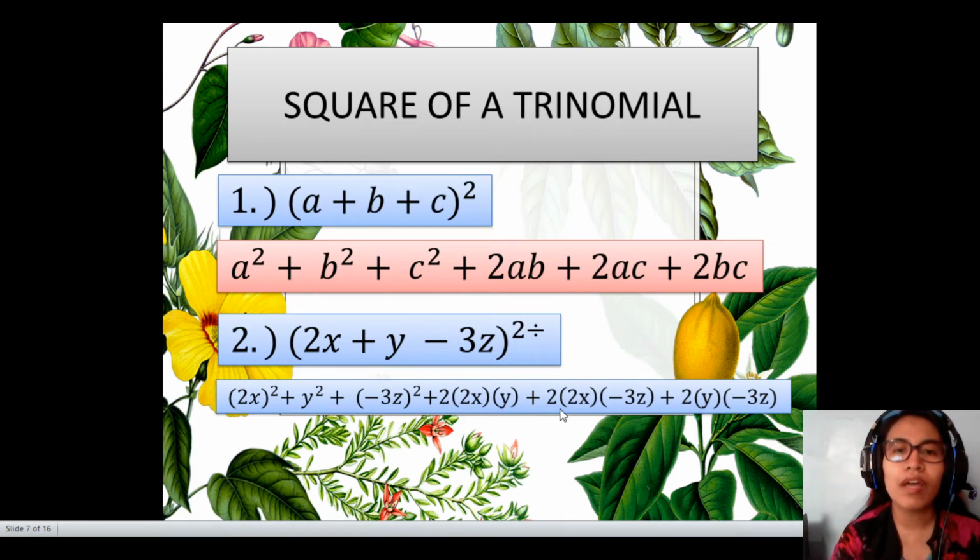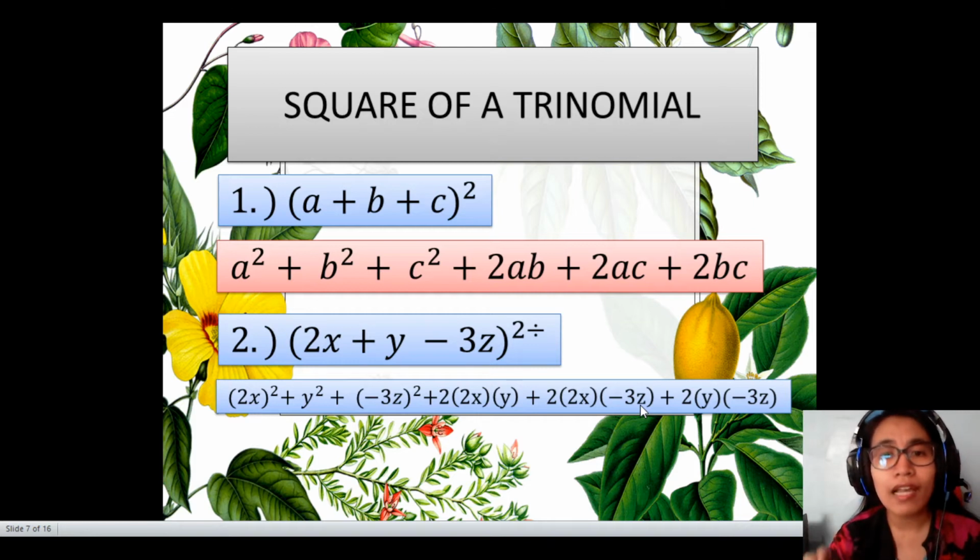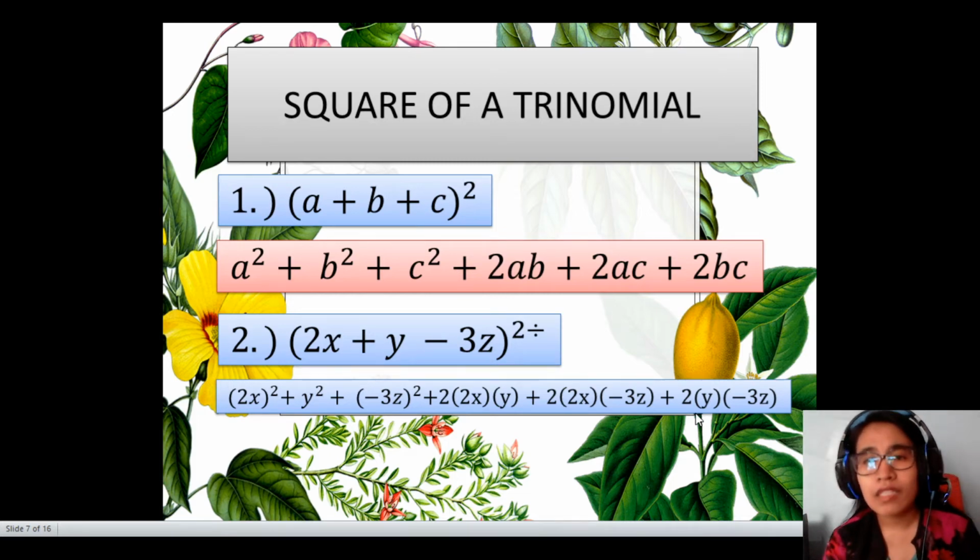Then next we have 2x times negative 3z will give us negative 6xz. Multiply again by 2 will give us now negative 12xz. Then for the last term, we have y times negative 3z will give us negative 3yz. Multiply it again by 2 will give us negative 6yz.